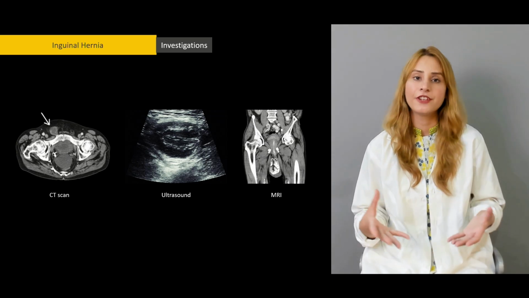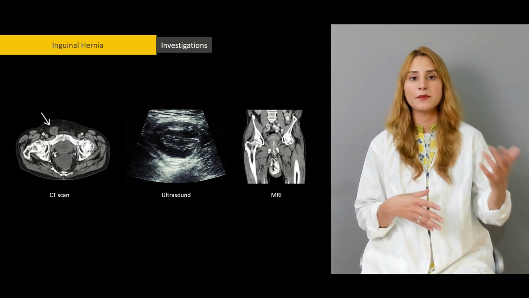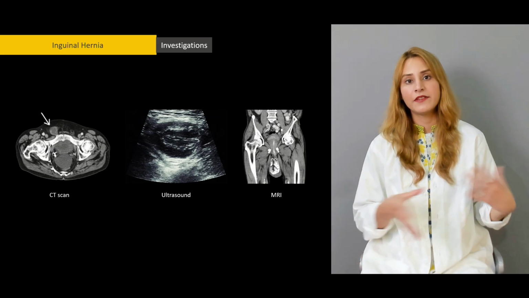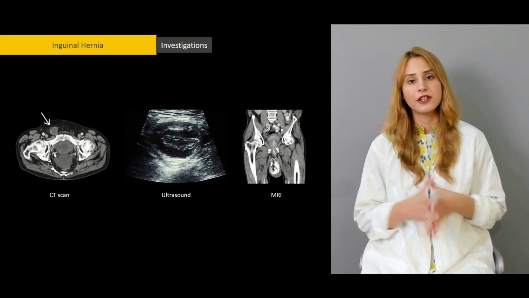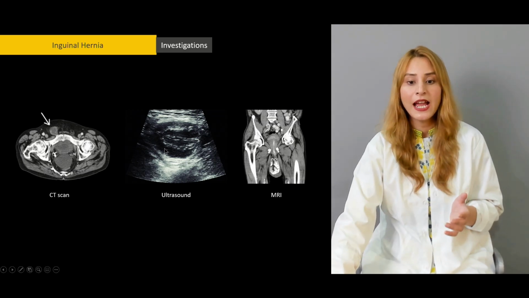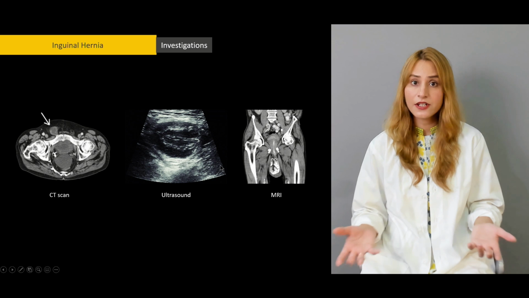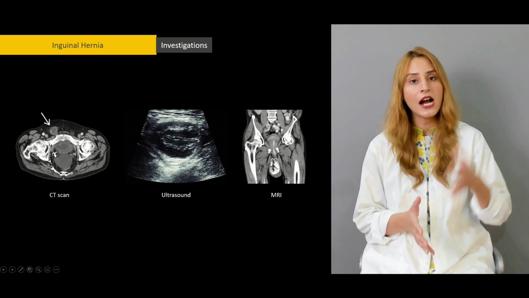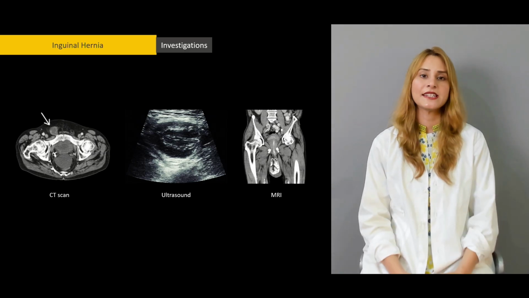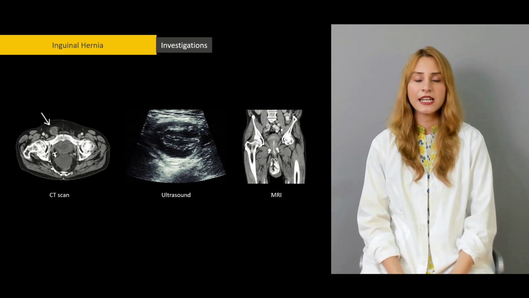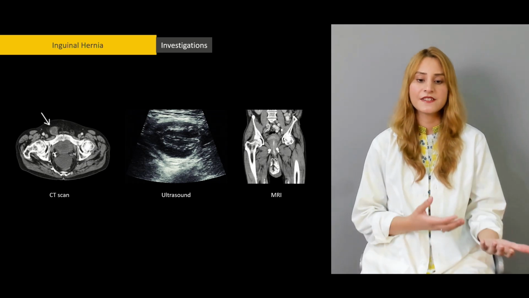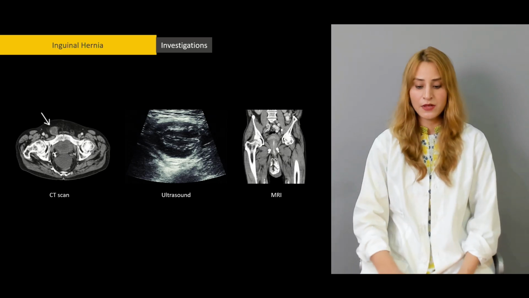But when you're confused whether it's a hernia, or a malignant mass of the nodes, or a saphenous varix, or maybe a varicocele, sometimes you have to go for the ultrasonography, because if there's a varicocele, you can see the free fluid, and you can also appreciate the contents of the hernia. If it's fat, or bowel coming in, most of the time the direct and indirect hernias contain intestines as well. So you can appreciate it on CT scan, ultrasonography, and MRI.